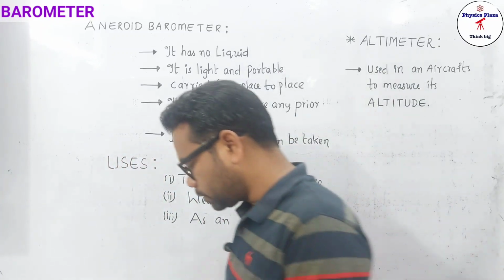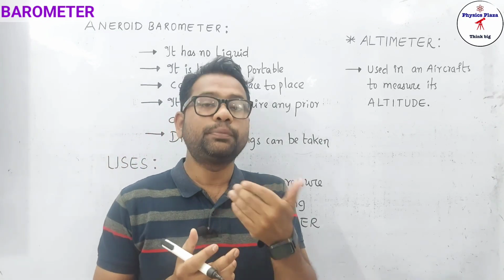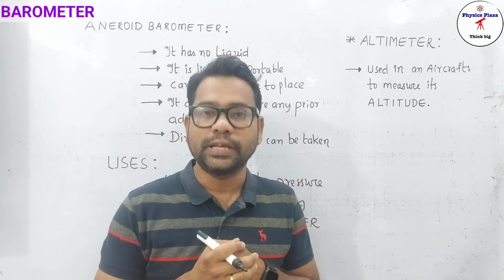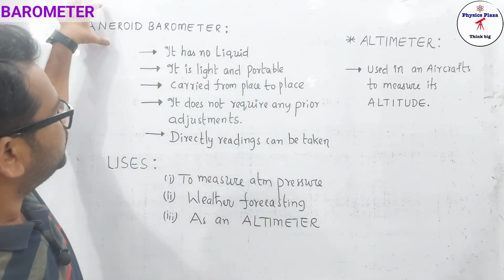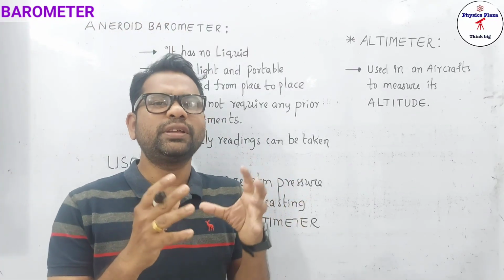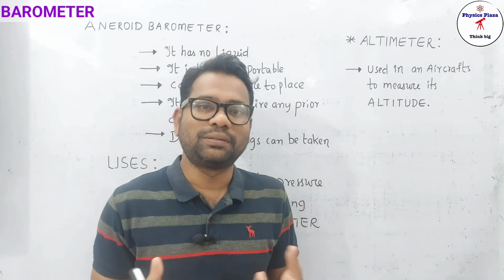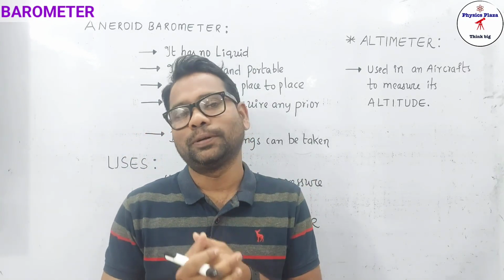So how it is better over a simple barometer can be tested in the exam. So children, this aneroid barometer has no liquid, whereas in our simple barometer liquid is there. When liquid is there, definitely we need to spend extra money, and it is not comfortable to us also.